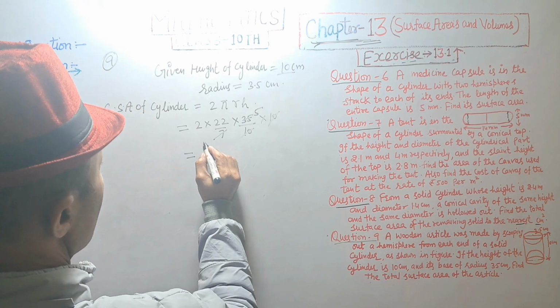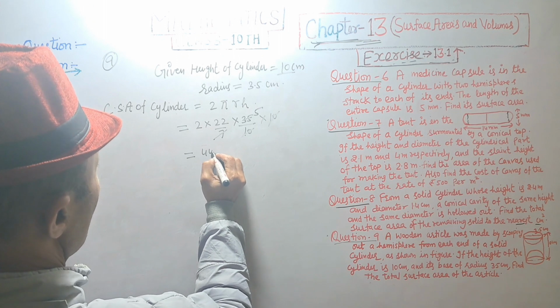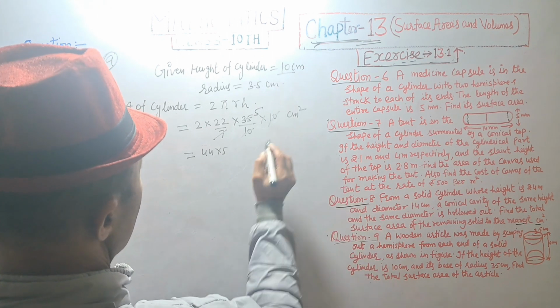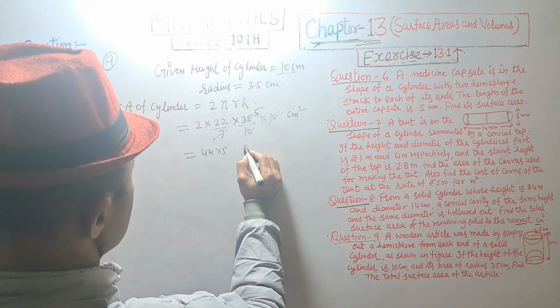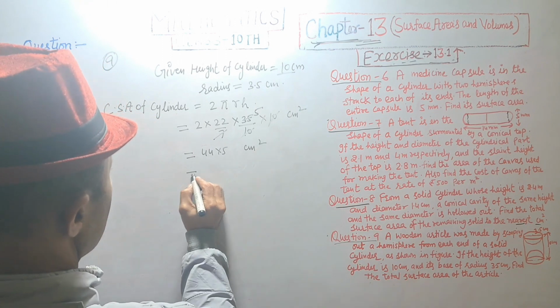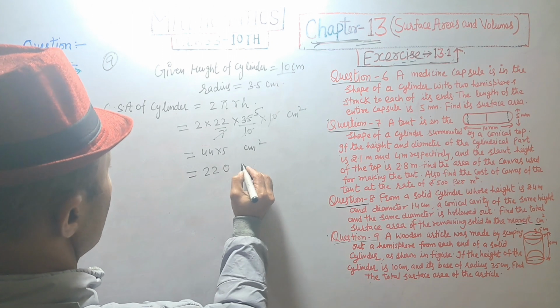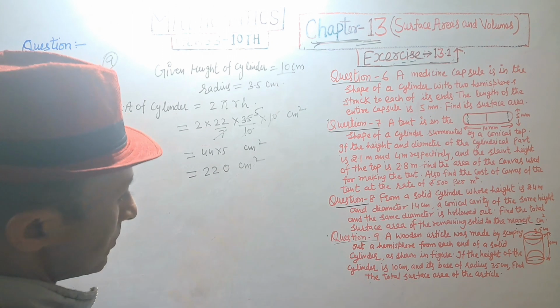We get 44 into 5 centimeter square, that is equal to 5 4s are 20, 22 centimeter square.